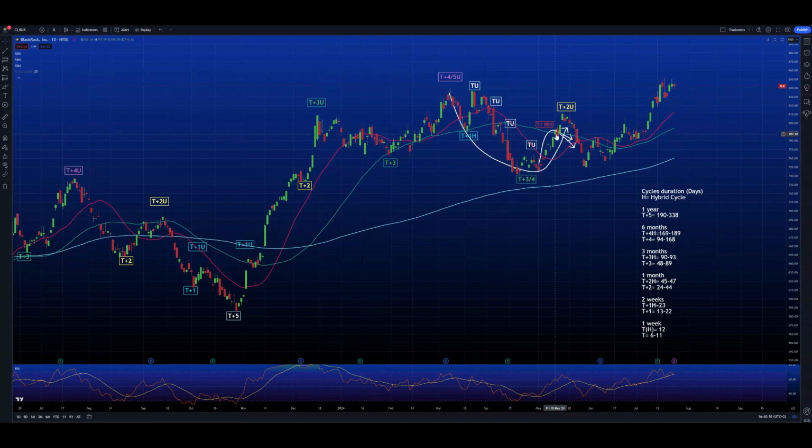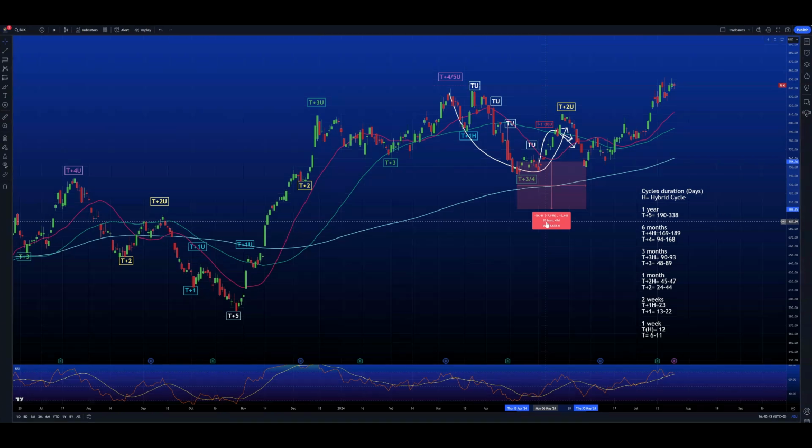We also defined a Bayer tongue of a T minus 1, so a duration of 3 to 4 days, which was added to the total duration of the T plus 2. If you don't know what a Bayer tongue is, you can always refer to our introductory video of the T cycle analysis. And we were also expecting to close a downward monthly cycle that ended up at 29 bars.